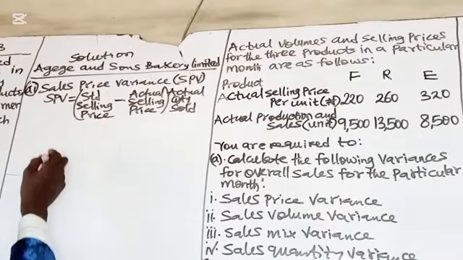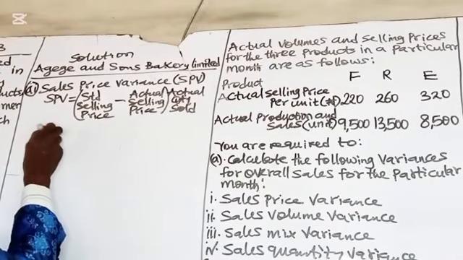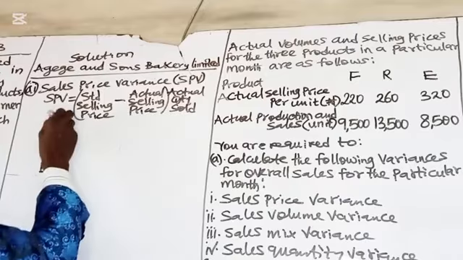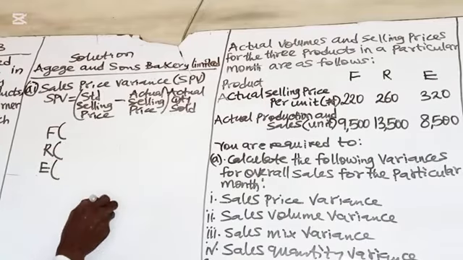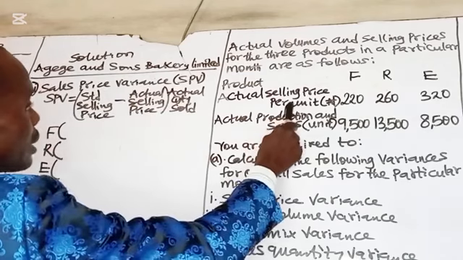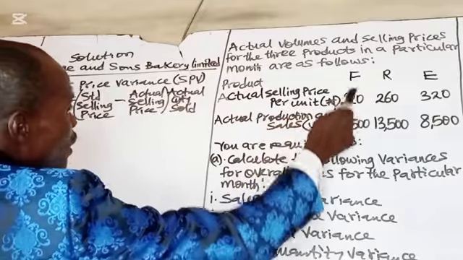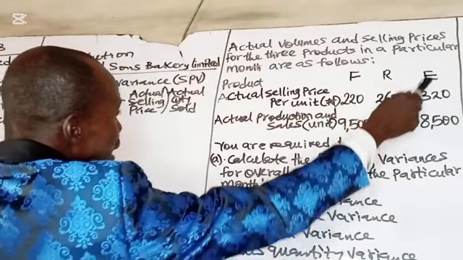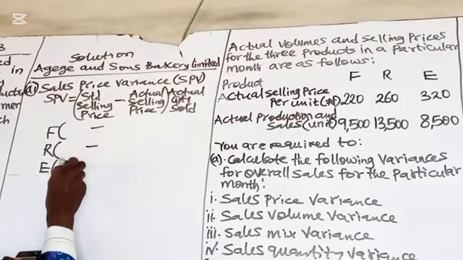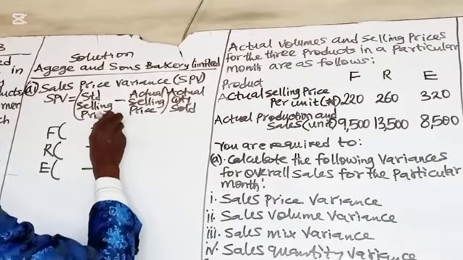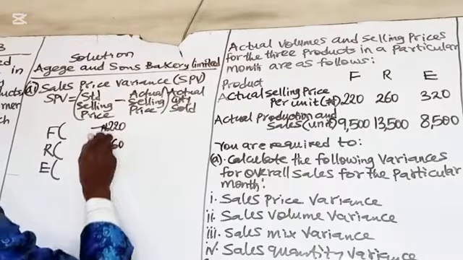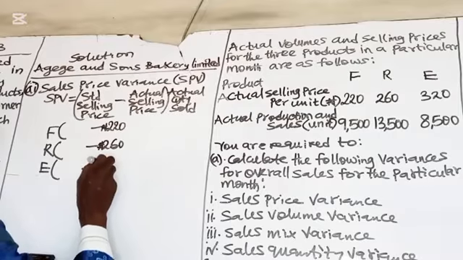You have 3 products: product F, product R, and product E. Then we need the standard selling price for each of the products and the actual selling price. The actual selling price per unit for F is 220, for R is 260, and that of E is 320. Minus 220, 260 naira, and 320 naira.